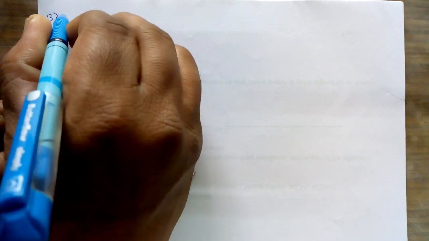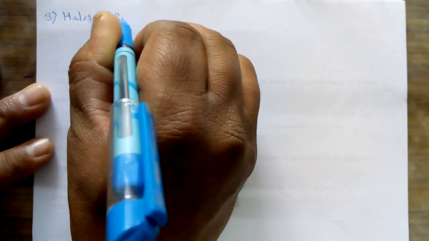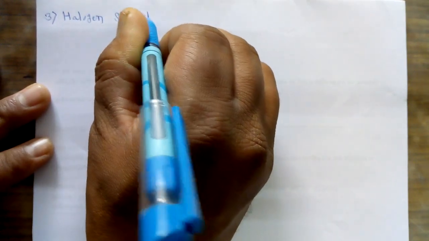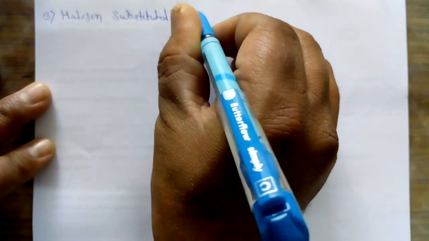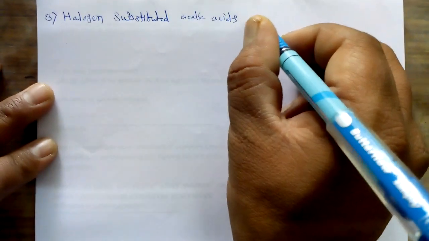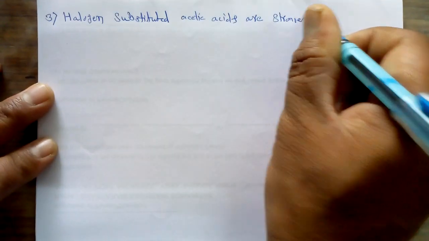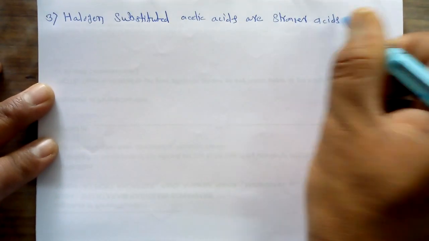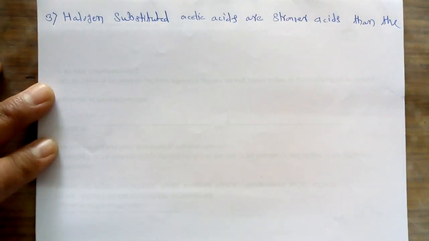In this example we take halogen substituted acetic acids.